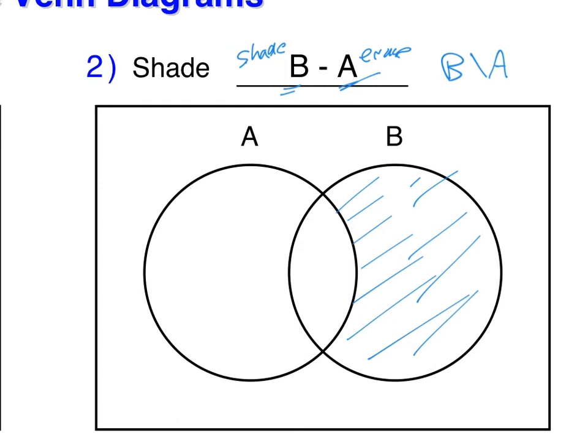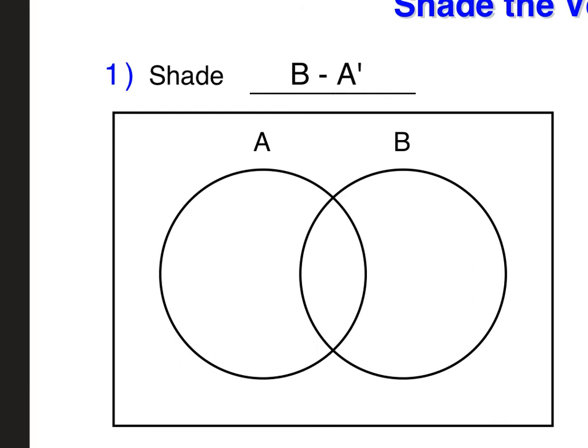And our final answer is the part that is in set B is shaded, but not in set A. Nothing else is shaded.